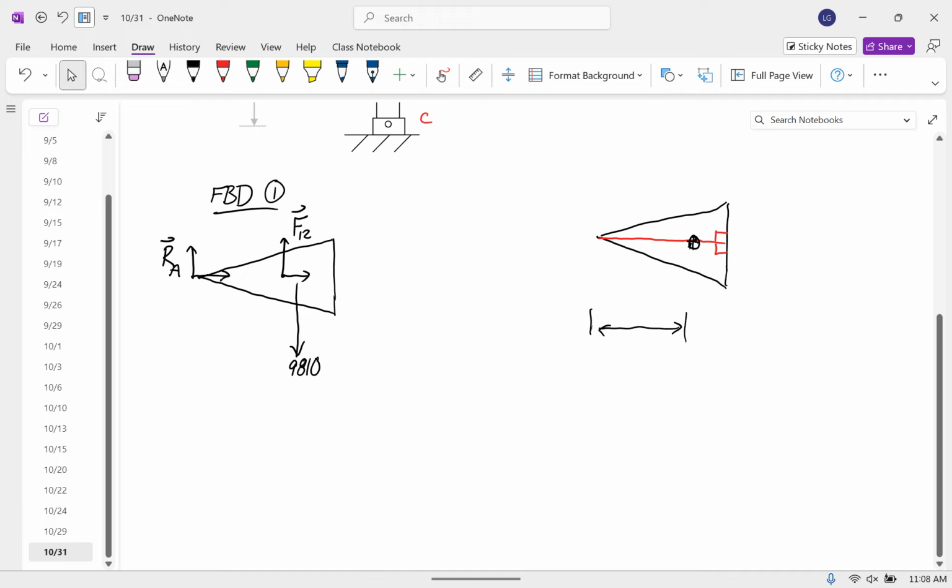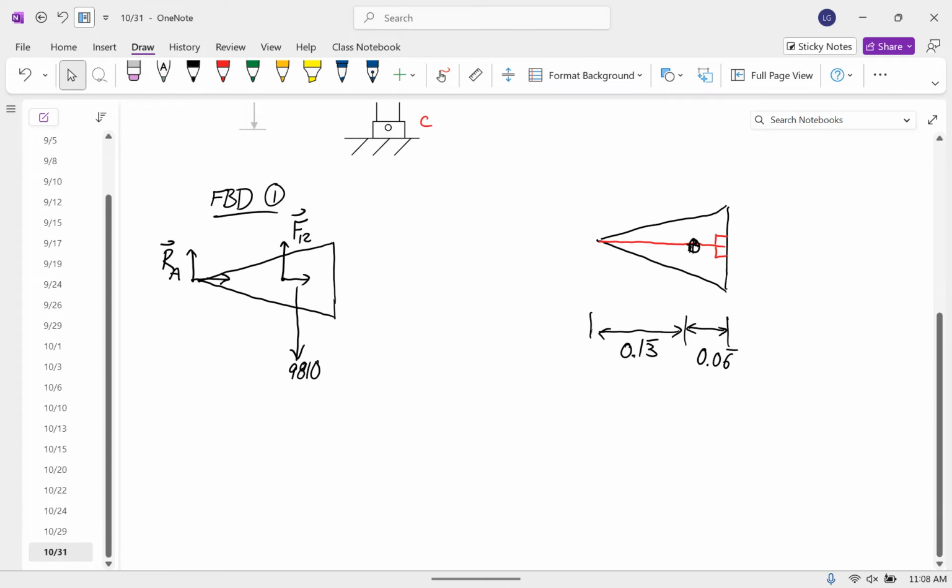0.4 over 3 is 0.13 repeating. And then this would be 0.06 repeating. No, 4. Oh, right, 4.